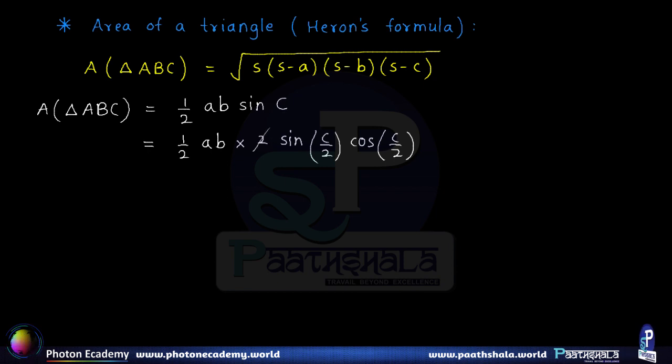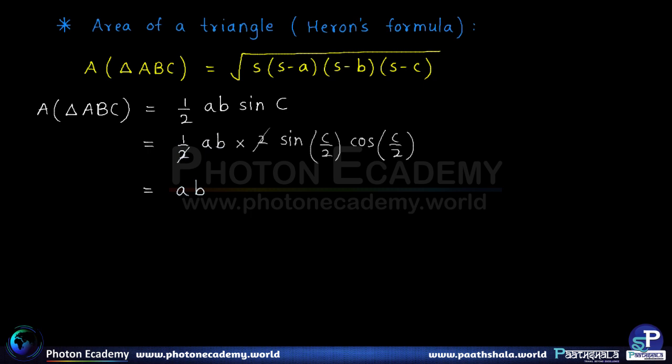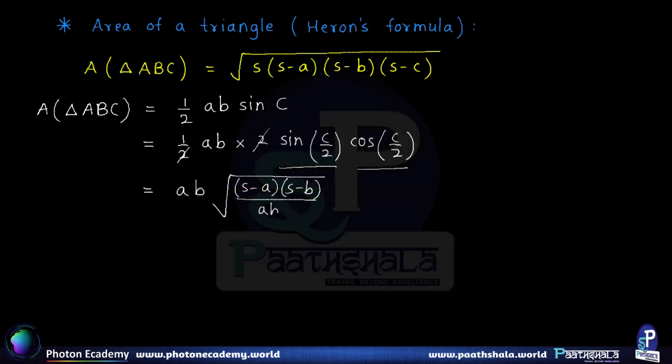So here 2 gets cancelled and we have ab into, now in place of sin C by 2 and cos C by 2, we write their half angle formulae. So sin C by 2 is given by s minus a into s minus b upon ab inside the root multiplied by cos of C by 2, that is s into s minus c whole upon ab.